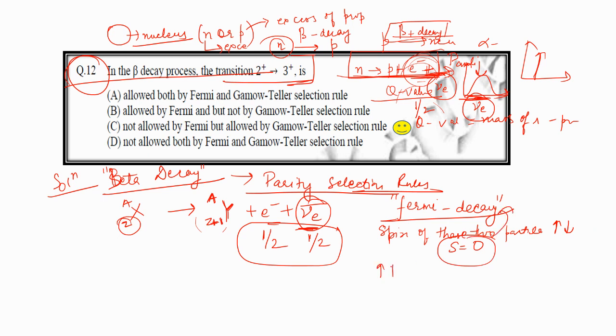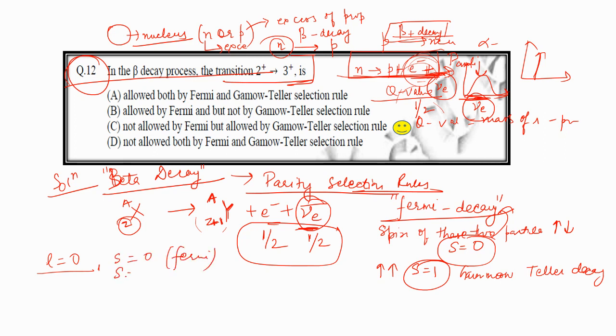When they are parallel, aligned like this, S is equal to 1, then we have Gamow-Teller decay. Now for allowed, L is equal to 0. And S is equal to 0 for Fermi, and S is equal to 1 for Gamow-Teller. Right?